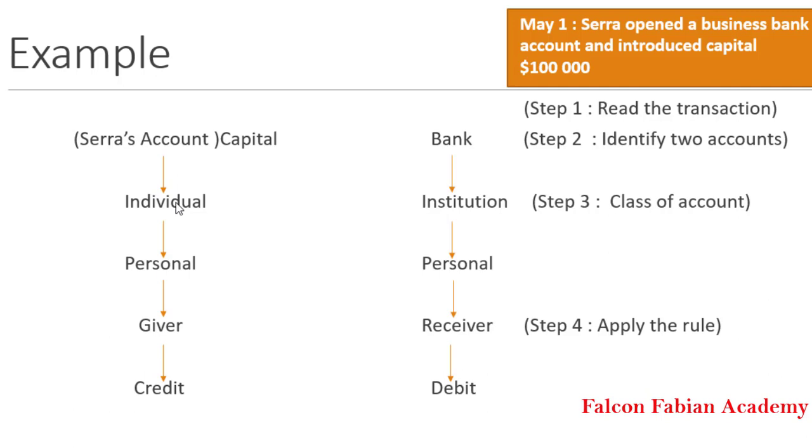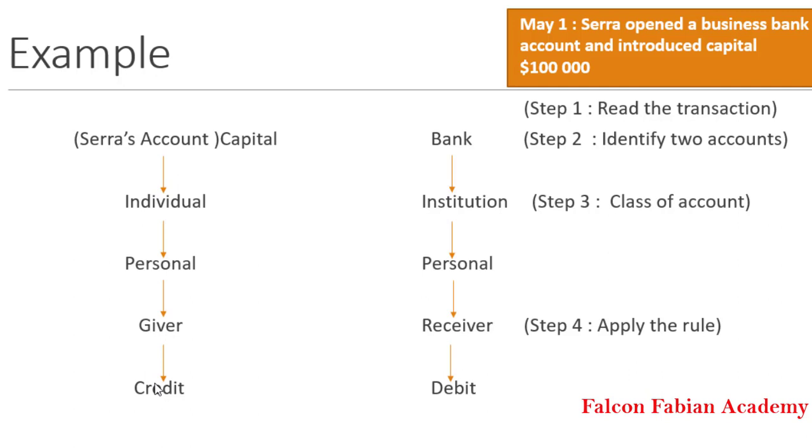Whenever it is going to be an individual, then it comes under the category of personal account, and whenever it is going to be an account of a business or an institution, that will also come under the personal account. And the rule says debit the receiver, credit the giver. So bank is getting the money, therefore bank account would be debited, and capital is the person who's giving the money. So capital account would be credited.